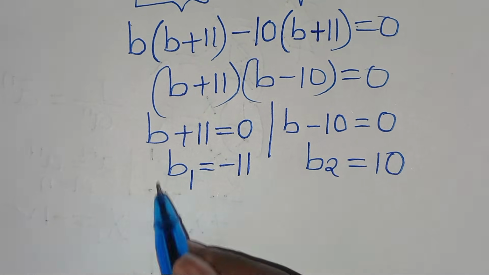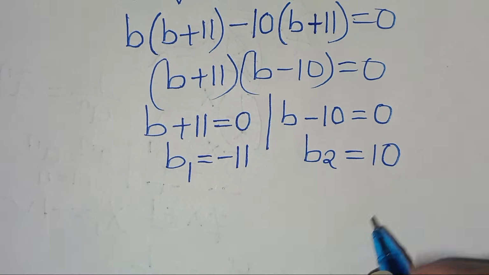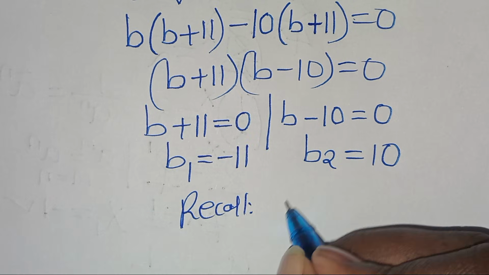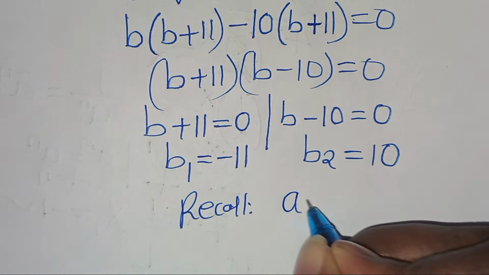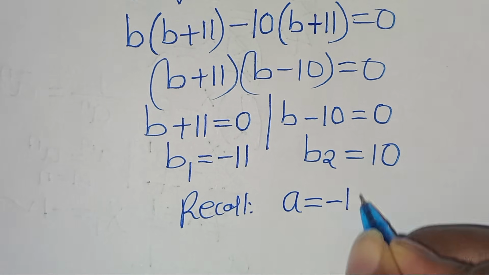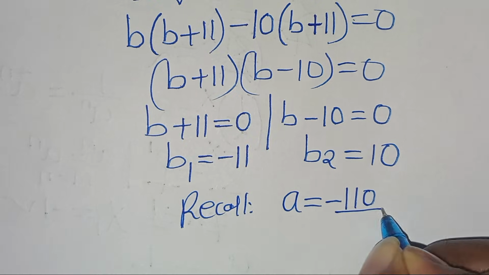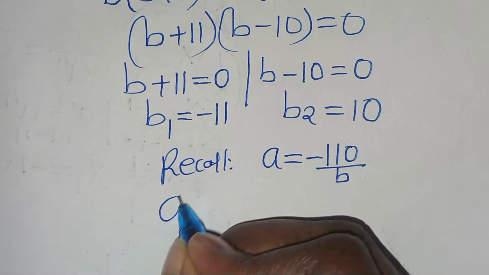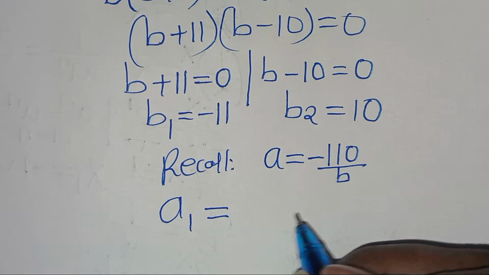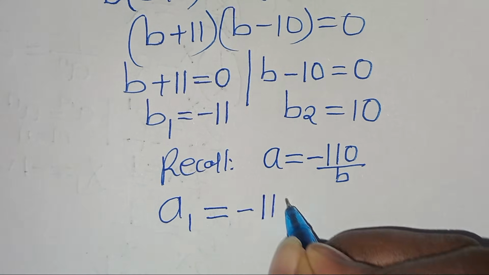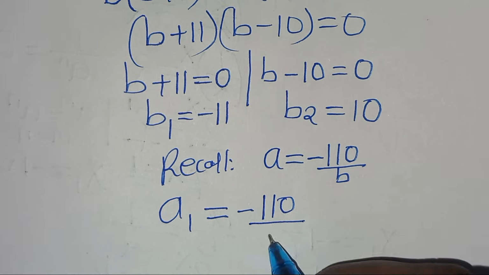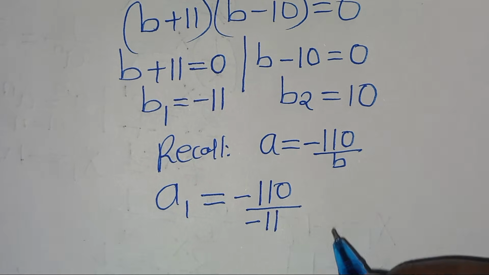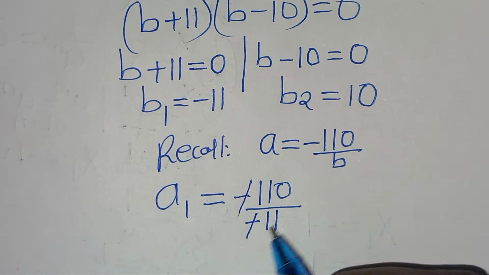Now, we can solve for the corresponding values of a. Recall from equation 5, we have that a is equal to minus 110 divided by b. So this means that a1 is equal to minus 110 divided by b1. b1 is minus 11, so minus and minus here simplifies.